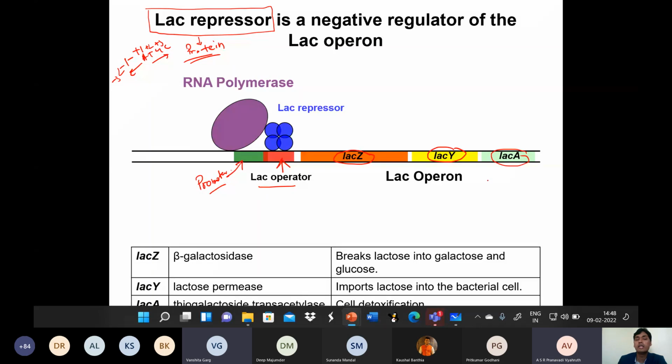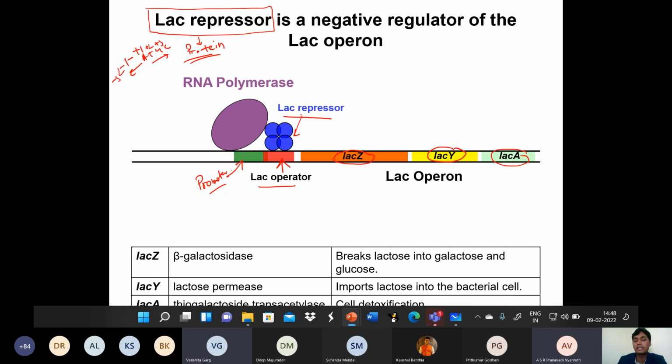Now, this protein called lac repressor is always bound to the lac operator site. So just try to understand from the figure itself.